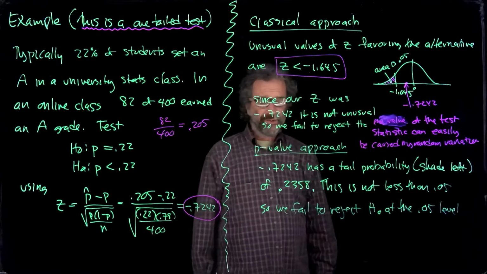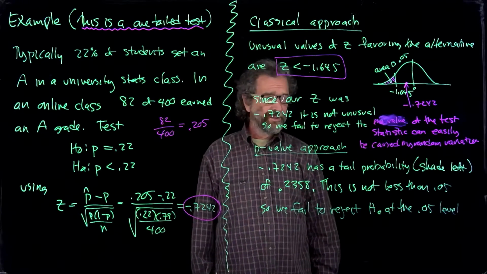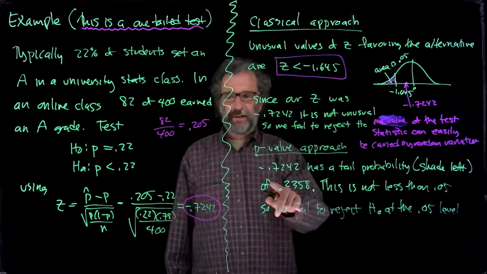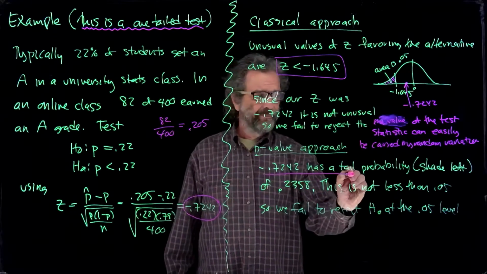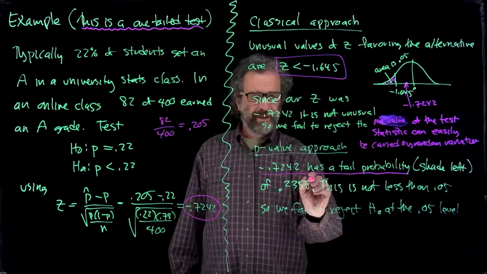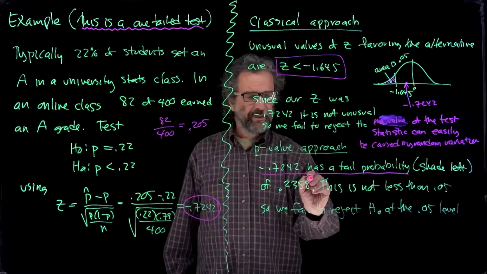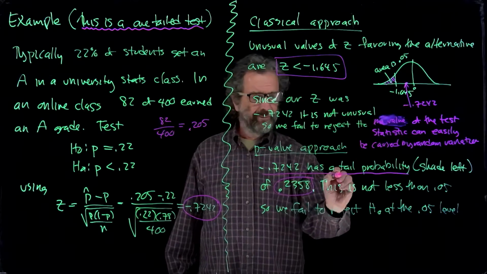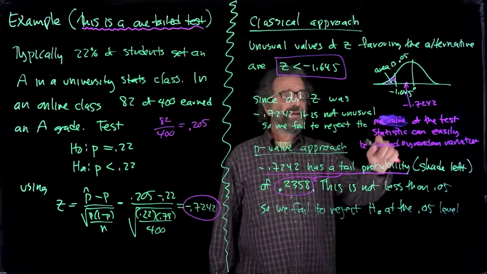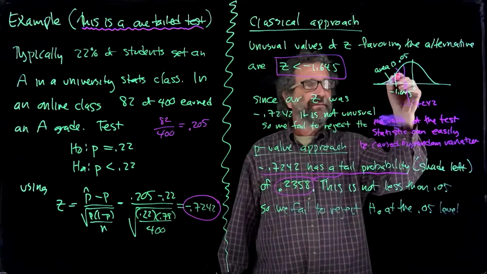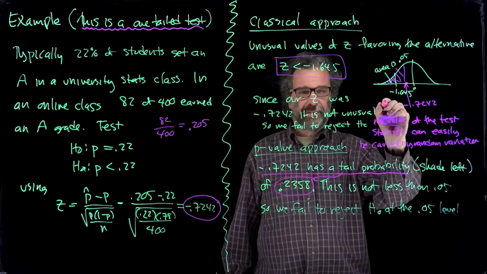The p-value approach should have the same kind of outcome and use some of the same kinds of thinking. You take the test statistic value and you find the tail probability. The tail probability comes out to be 0.2358. So if we go to 0.72 here and we shade this direction, then we get 0.2358.